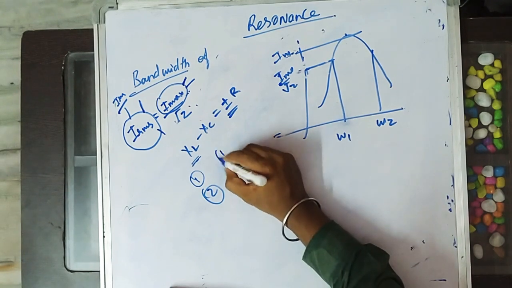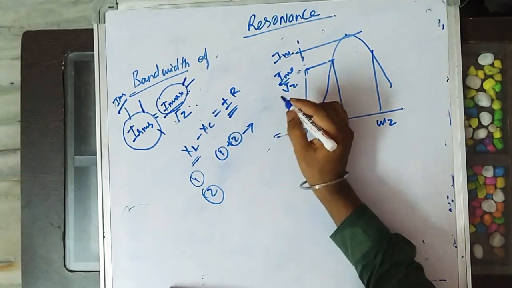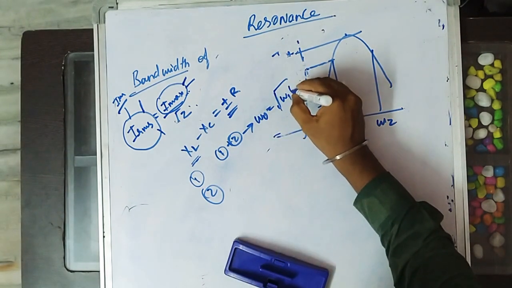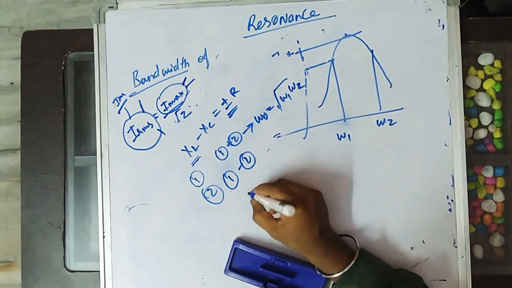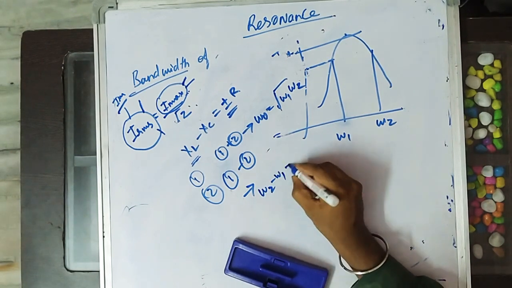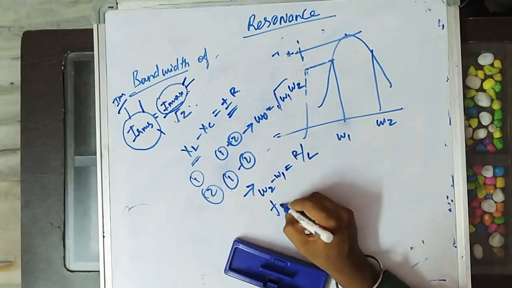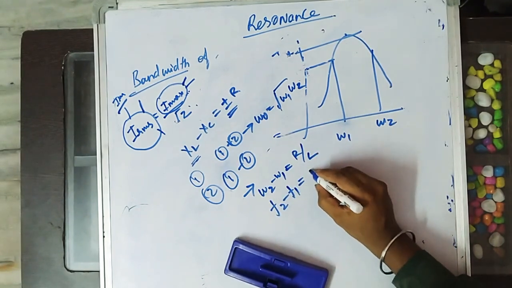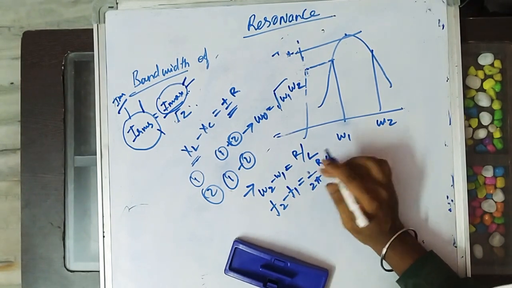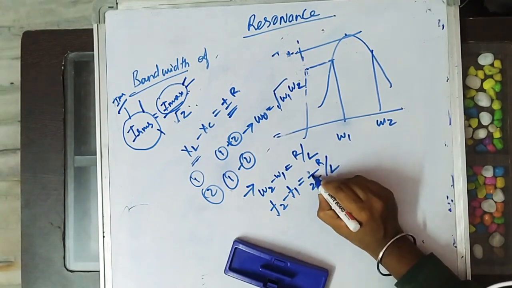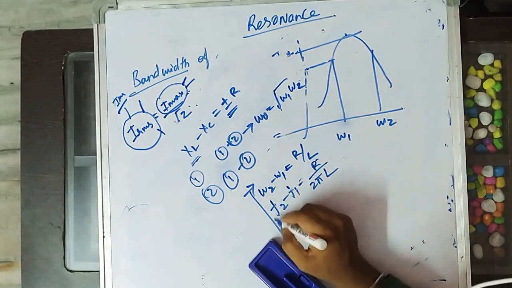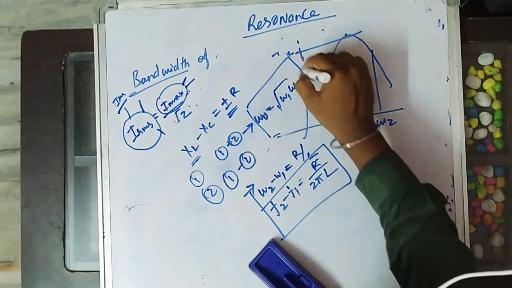Initially we added the two equations and got a relation called omega naught equal to root of omega 1 omega 2, and if you subtract the equations you get a relation called bandwidth, omega 2 minus omega 1 equal to R by L. Converting to Hertz, it means 1 by 2 pi into R by L, that is R by 2 pi L. So these two you have to memorize.